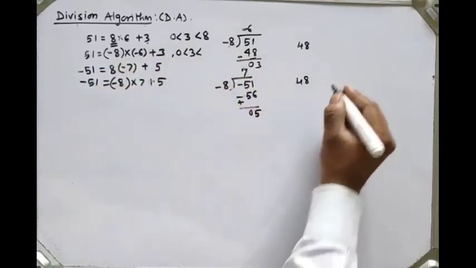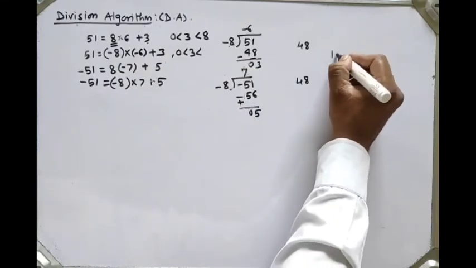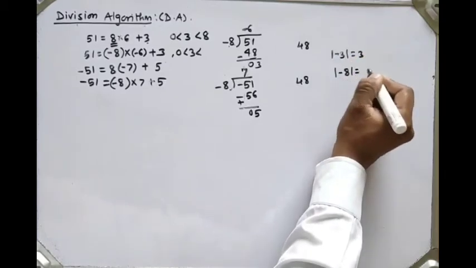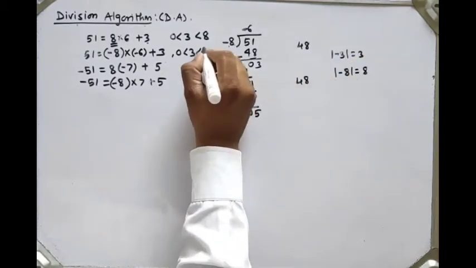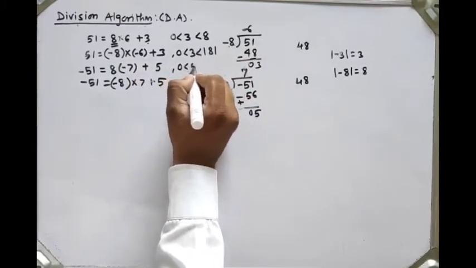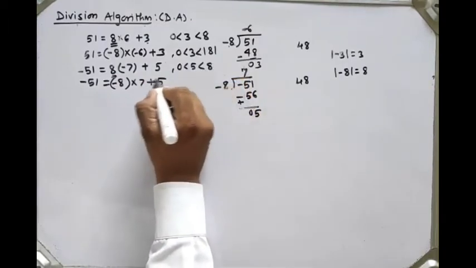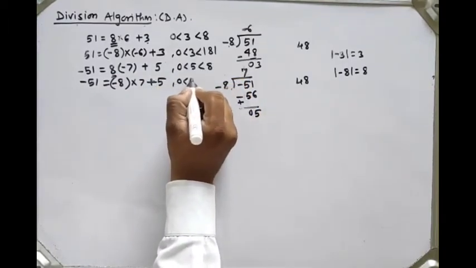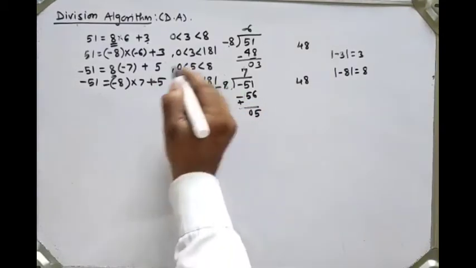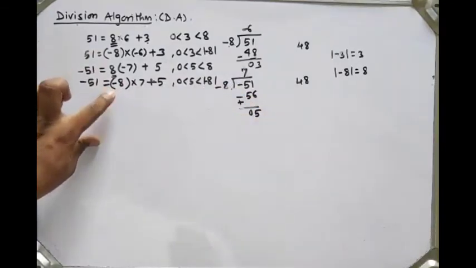But we know the property of the modulus function: mod of minus 8 is equal to 8. So I will take mod 8. Here again 0 is less than or equal to 5, less than 8, and again 0 less than or equal to 5, less than mod of minus 8.